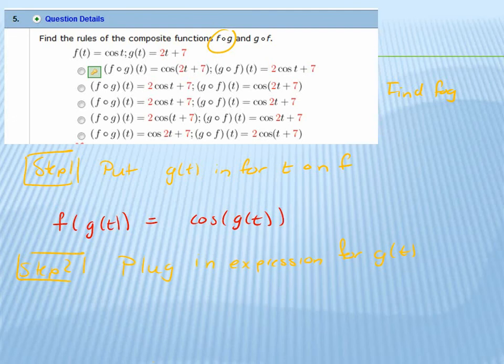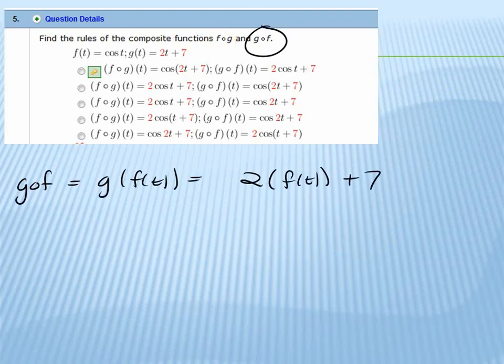And then you take the expression for g of t and substitute that in for the actual g of t symbol. And notice that the green key is right up there, cosine 2t plus 7. So we're already halfway there. G composed with f is the other way around, same steps.